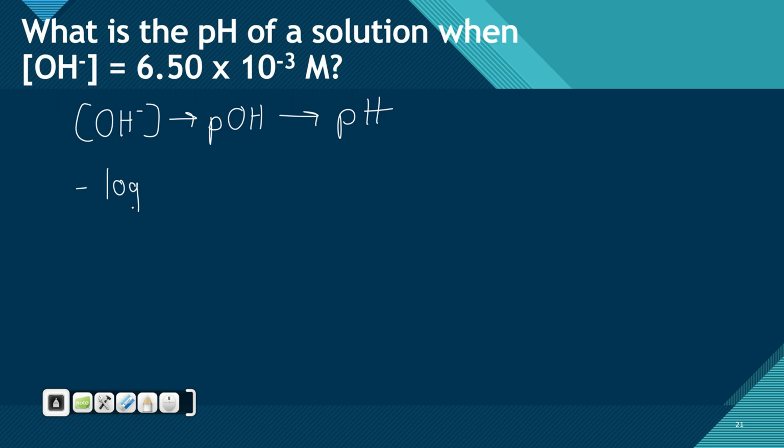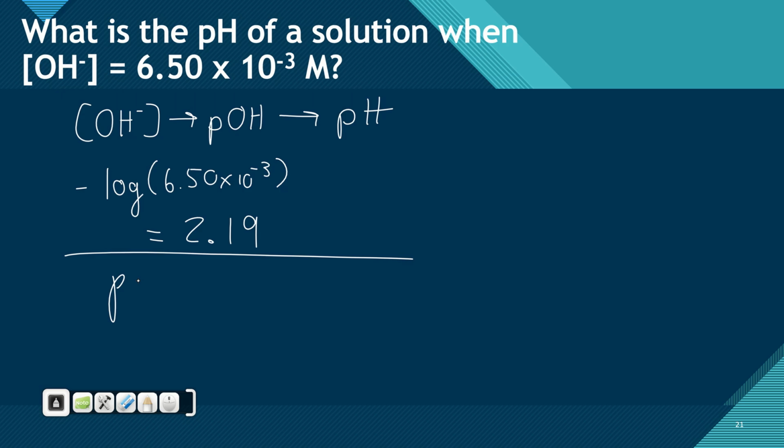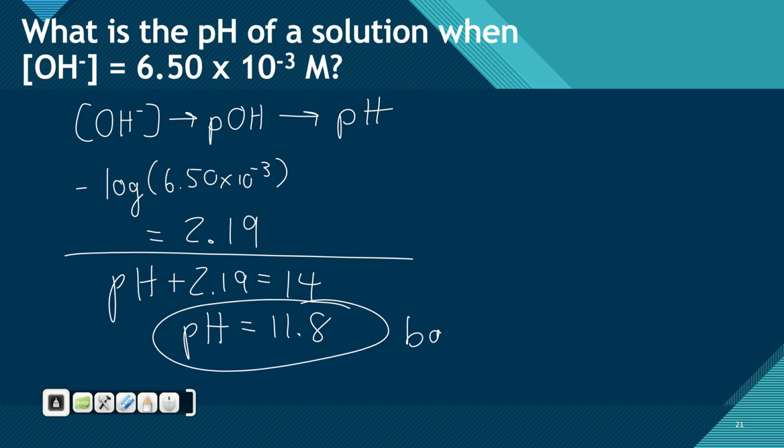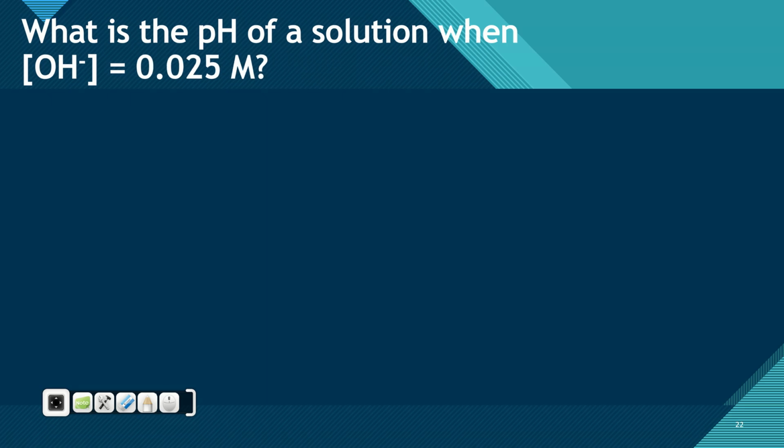So negative log of 6.50 times 10 to the negative third equals 2.19, and then pH plus 2.19 equals 14. pH is equal to 11.8. And this would be base.